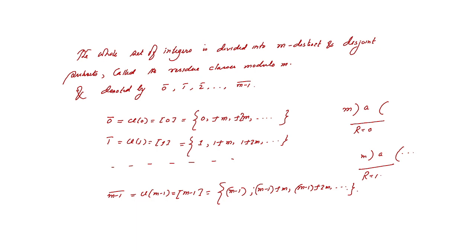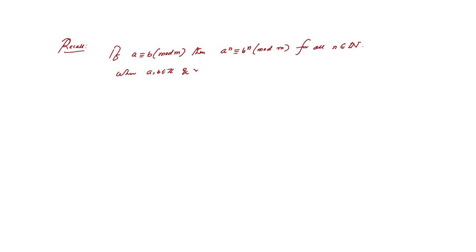Now we'll come to the next important recall. If A is congruent to B mod M, then we can say A to the power n is congruent to B to the power n mod M, for all n belonging to the natural numbers. Here A, B are integers and M is a positive integer.